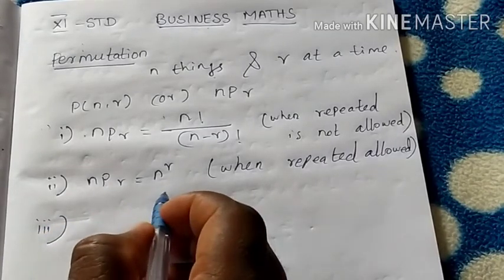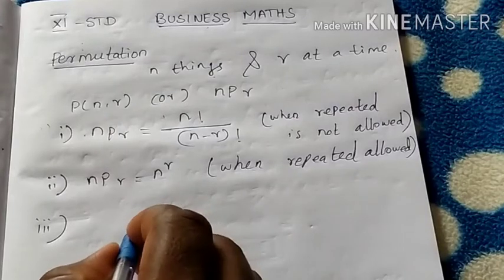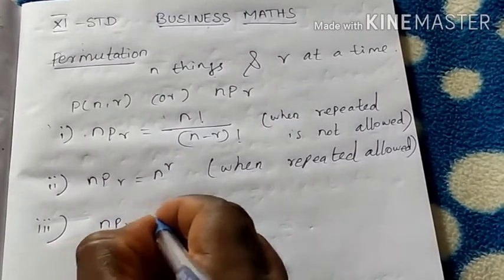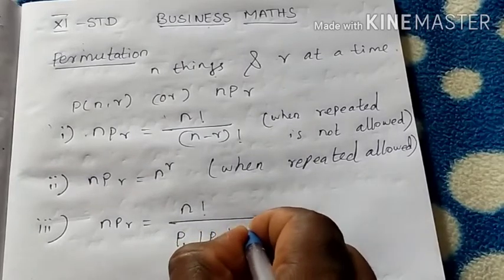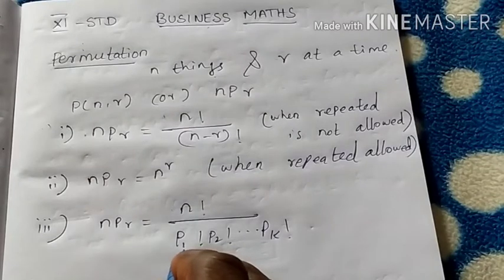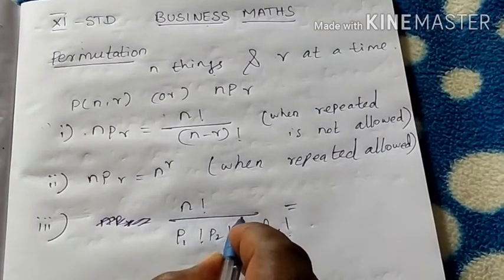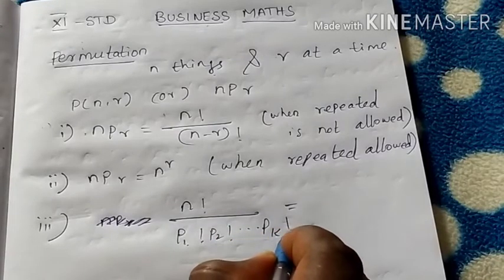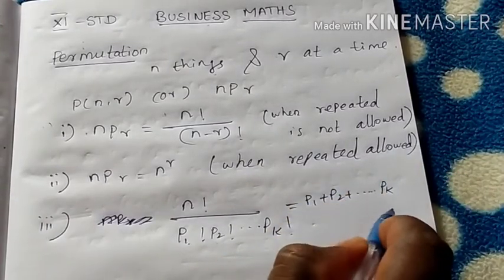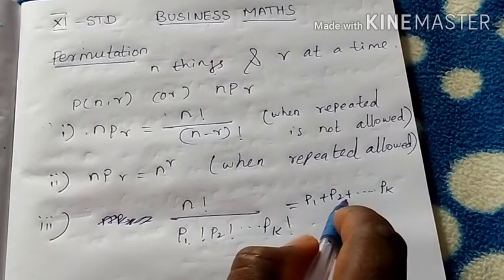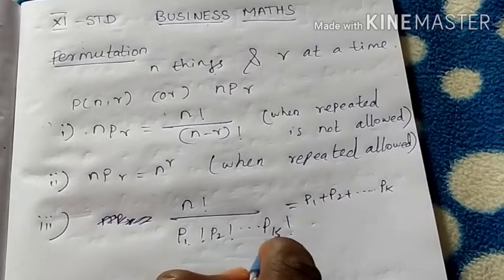Permutation when all the objects are not distinct. The number of permutations of n objects taken all at a time is n factorial divided by p1 factorial, p2 factorial and so on, pk factorial, where p1 plus p2 plus and so on plus pk equals n.